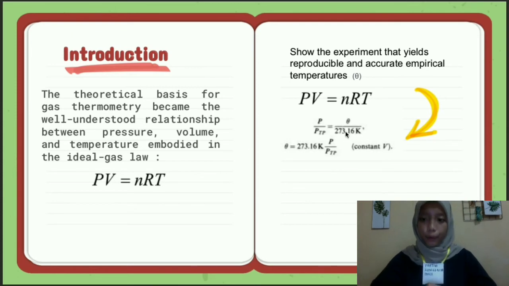And then with the proportion we can cross-multiply, so that we have a new value of theta equal to 273.16 Kelvin times P divided by PTP. And in this condition, the volume of the gas is constant.